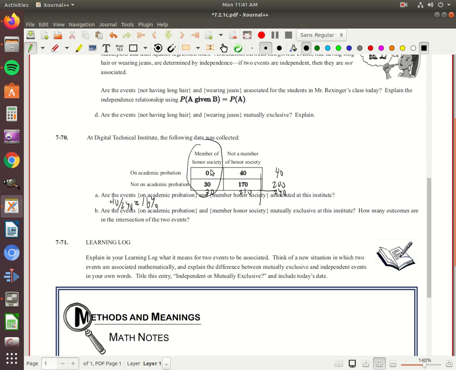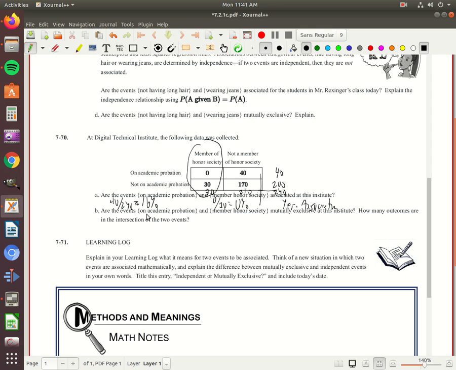I am only asking people on the Honor Society, are you on academic probation? And I get 0 out of 30 for 0%. So I would say yes, there's definitely an association here. If you're on the Honor Society, that pretty much means you're not on academic probation.